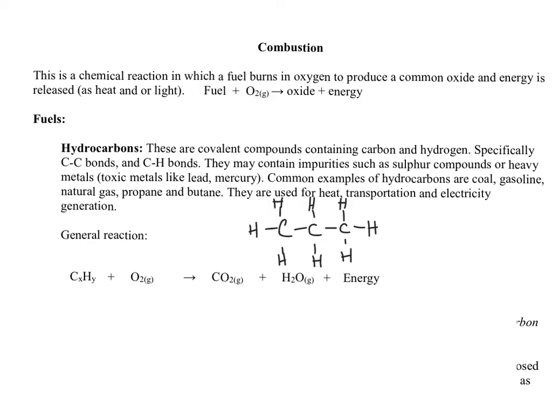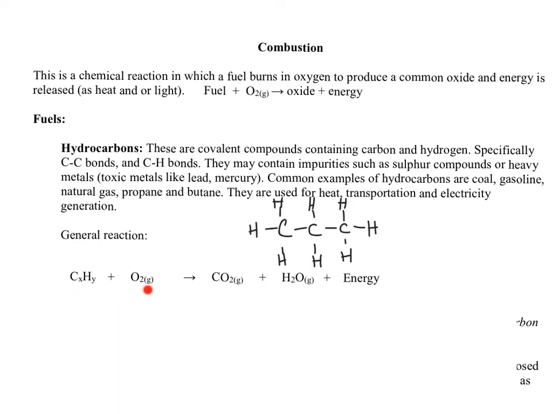So common examples of hydrocarbons: coal, gasoline, natural gas, propane, butane, used for heat, transportation, and electricity generation. The overall formula, the general reaction, is X amount of carbons and Y amount of hydrogens. So this could represent any hydrocarbon.